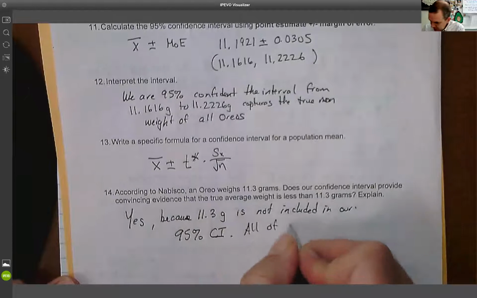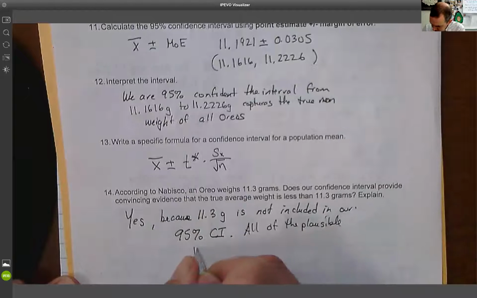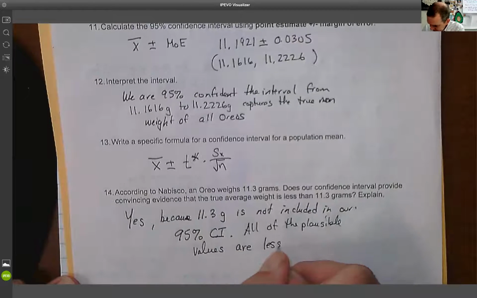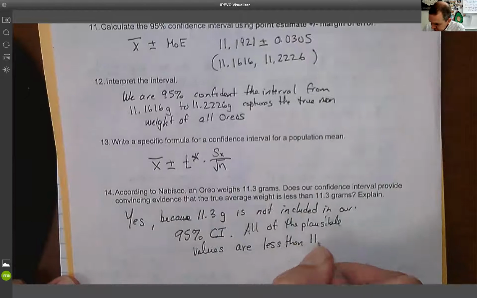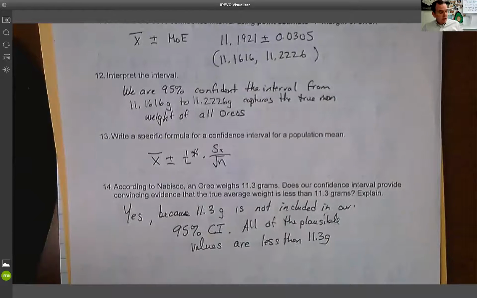All of the plausible values are less than 11.3 grams.